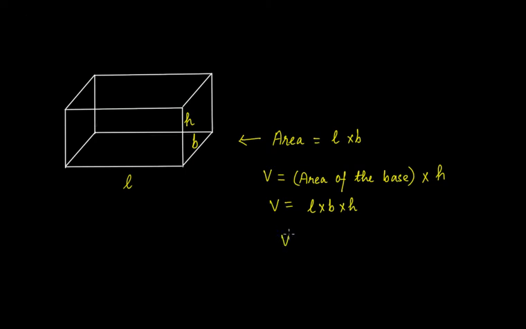That is, volume of a cuboid is given by length multiplied by breadth multiplied by height. This is the formula that we have been using from grade 6, right? So this is the way that we get this formula.